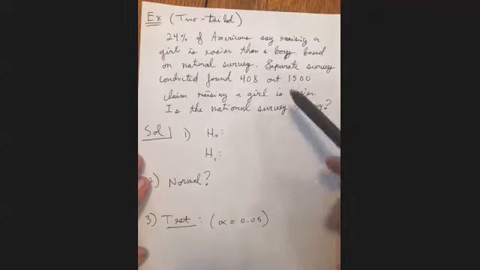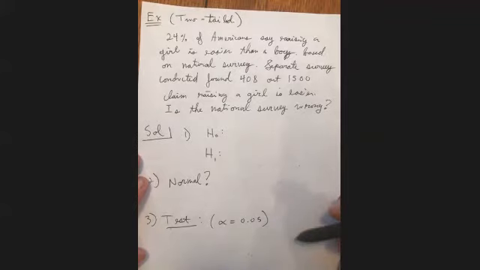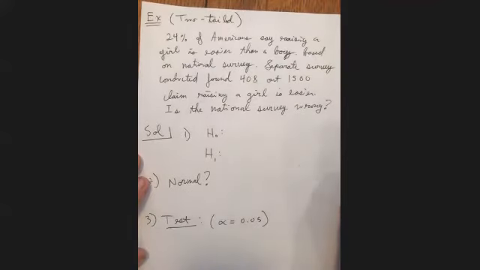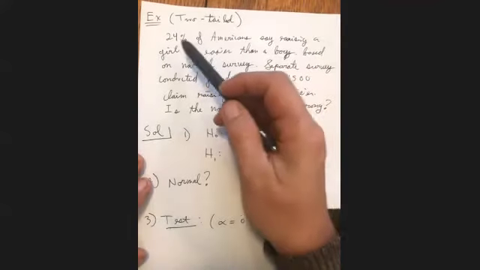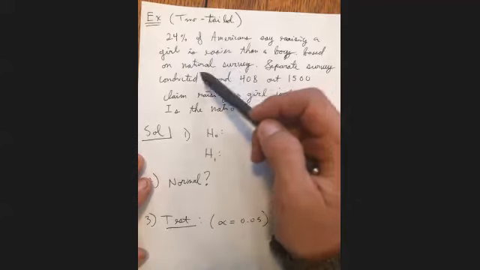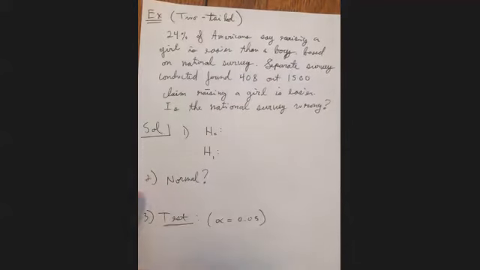To conduct the hypothesis test here, we need to identify the null and the alternate hypothesis. So we need to see where the population parameter was stated. That must be the 24% because it's based on a national survey. So this is going to be a population parameter.